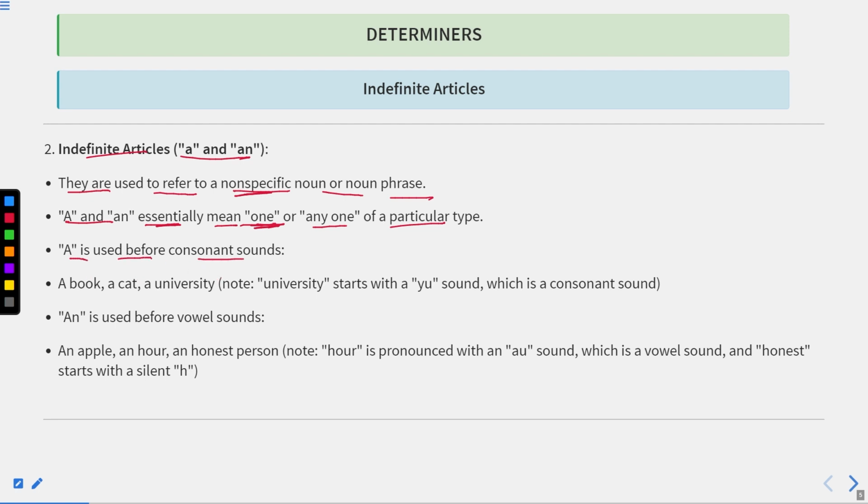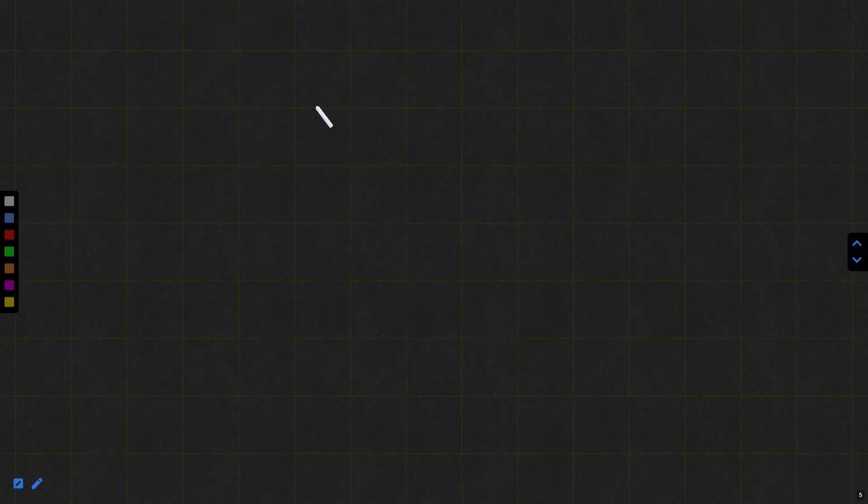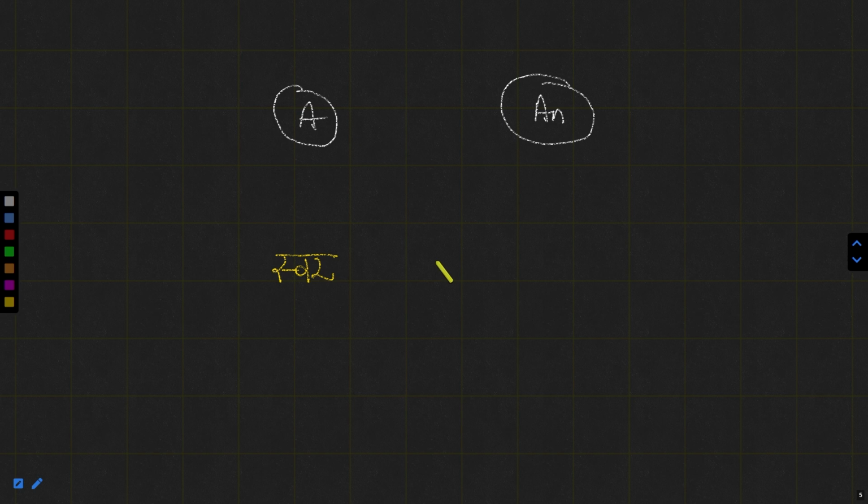A is used before consonant sounds. Now, this is very, very important about the use of a and an. These both are articles and both of these are used before singular nouns. Now, how do we use a and where do we use an? That is actually a concept related to Varnmala of Hindi. If you go to Hindi Varnmala, you must have heard about two words, that is swar and vyanjan.